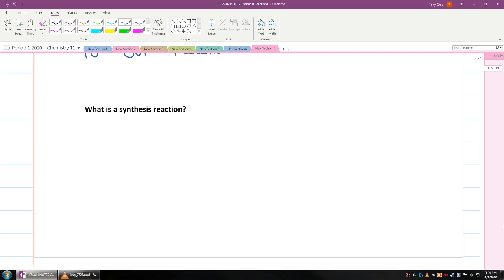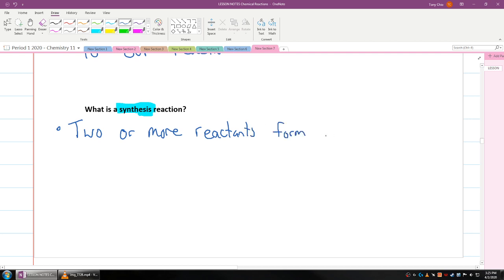A synthesis reaction is, just like the word states, synthesis means to make. So what does that mean, to make? Well, a synthesis reaction occurs when 2 or more reactants form one product.